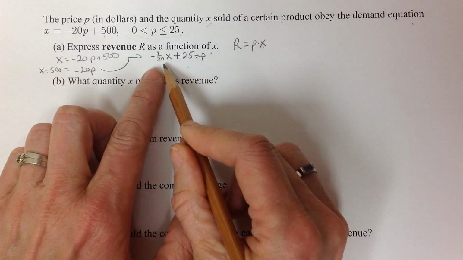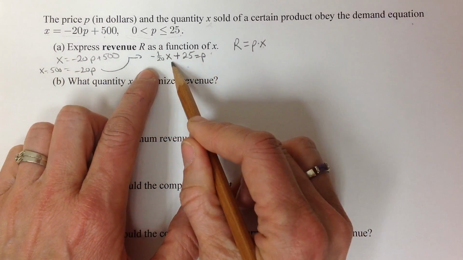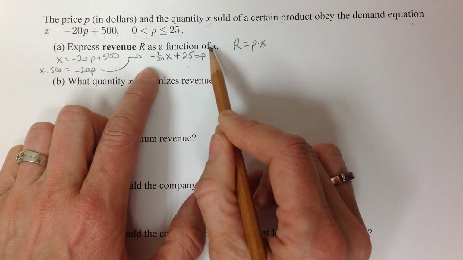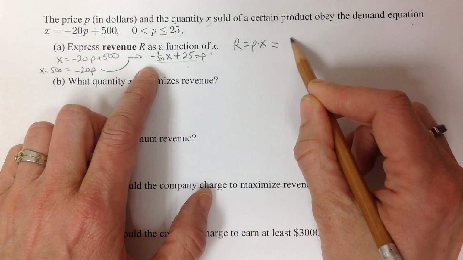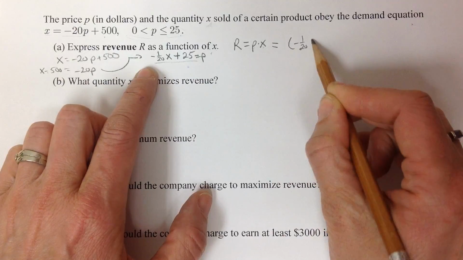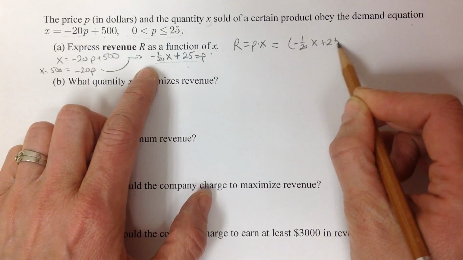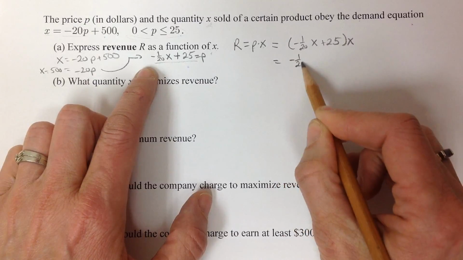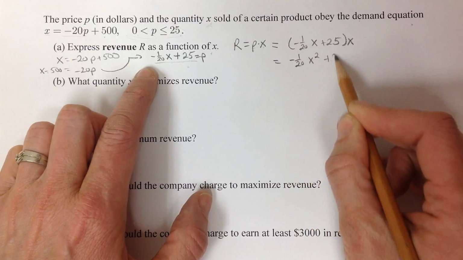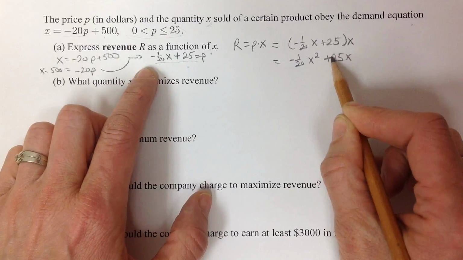That's what the demand equation is in terms of X. So to get R as a function of X, we're going to take this and plug it in for the P. So negative 1/20 X plus 25 times X, negative 1/20 X squared plus 25X.